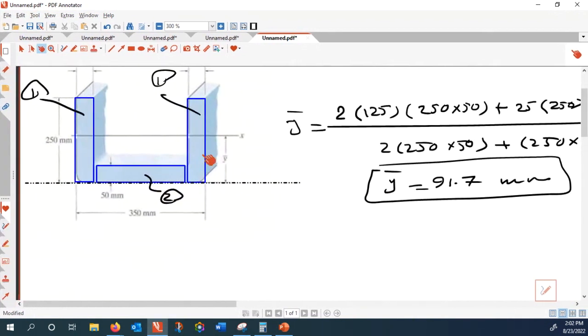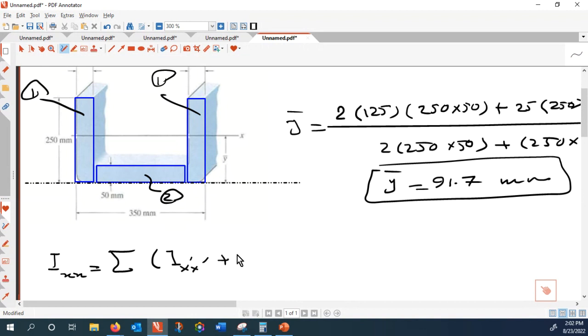Now, I want to find the moment of inertia, but I know the non-standard moment of inertia with respect to the xx. That is the summation of the standard moment of inertia plus the penalty.